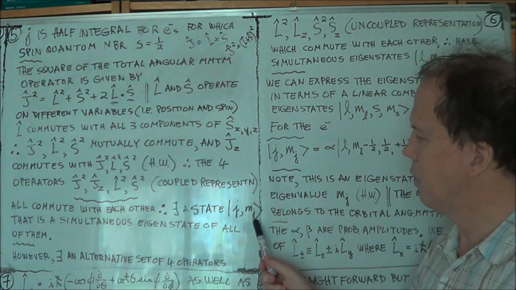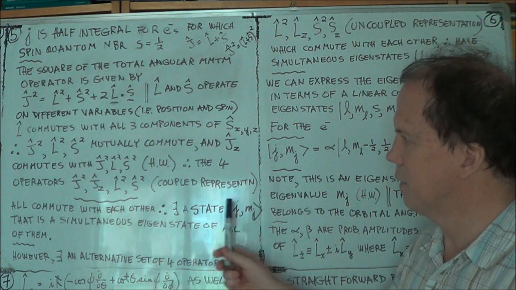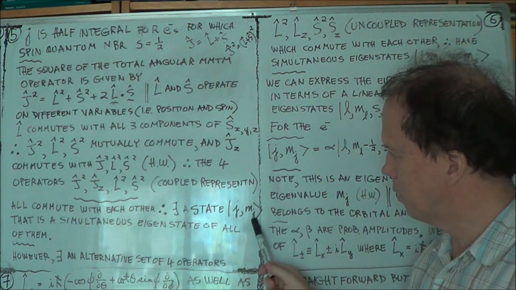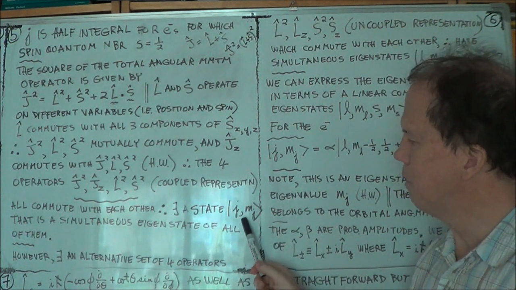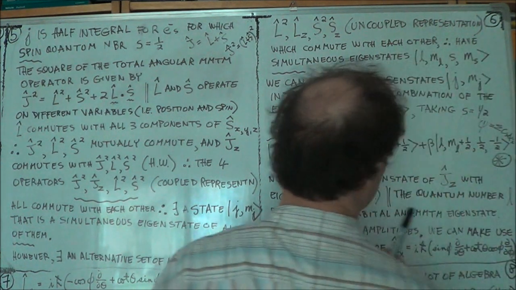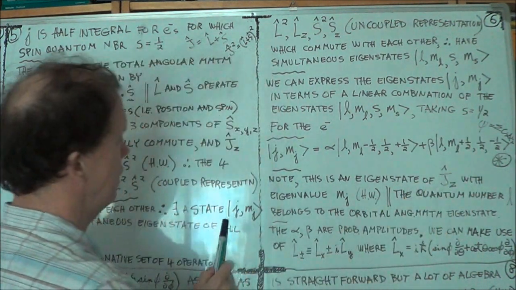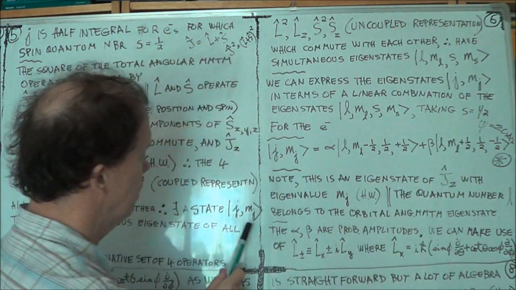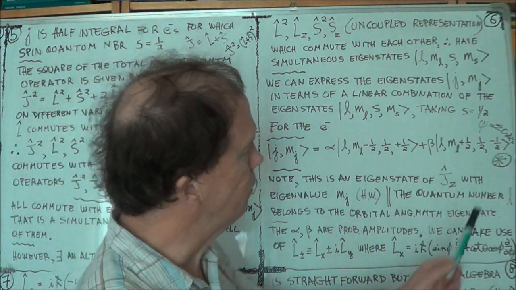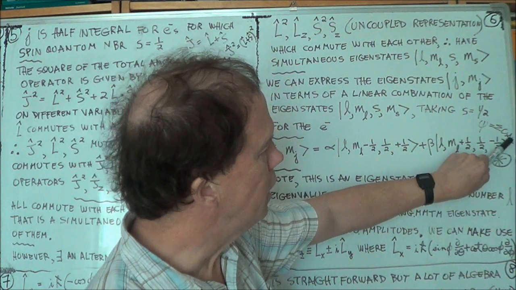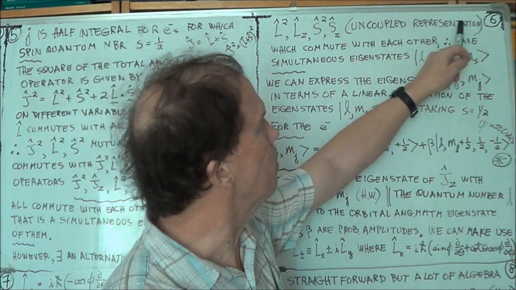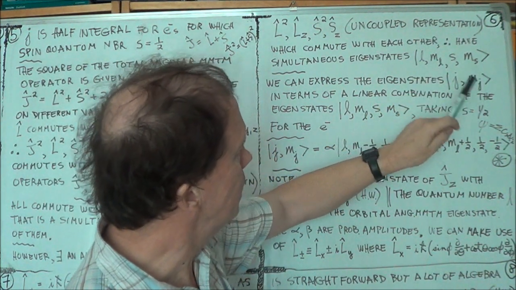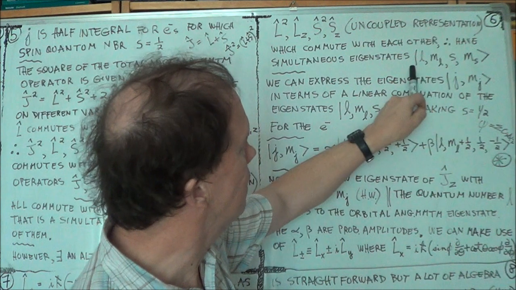So what's being suggested here, let's keep it concrete. Let's say our general wave function is one of the eigenfunctions of this set of the coupled representation. So we'll take one of these, and we should be able to expand that in this style. We'll let that be like our general wave function, like the psi here. We should be able to expand that in terms of a weighted sum of the eigenstates of the other representation, in other words, a weighted sum of these.